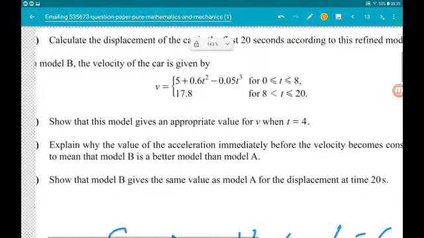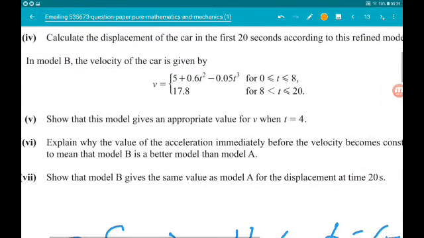Part 5 wants us to show that this model gives an appropriate value for V when t is 4.